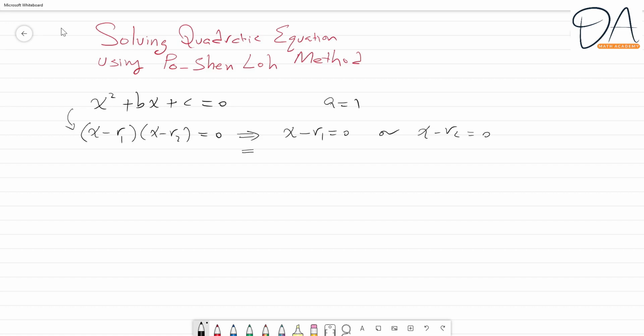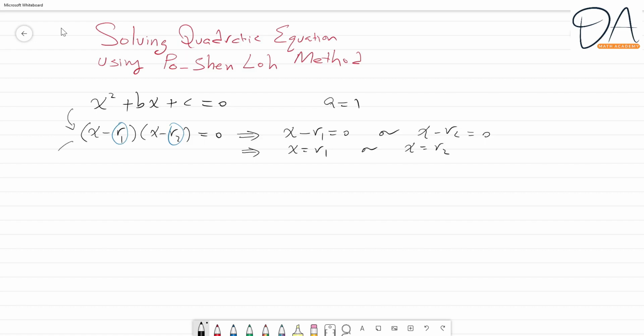And this in turn means that either x is equal to r1 or x is equal to r2. So essentially r1 and r2 are the solutions to our equation if we are able to factorize this quadratic equation.